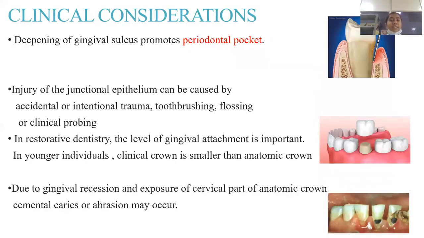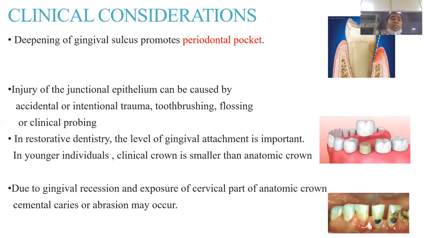Clinical considerations. The most important thing is that whatever we study, we should apply it clinically. That is the job of a dentist, so clinical consideration is very important in this aspect. Deepening of the gingival sulcus promotes periodontal pocket formation, which can be seen in the picture beside it. Injury to the junctional epithelium can be caused by accidental or intentional trauma, toothbrushing, flossing, or clinical probing.